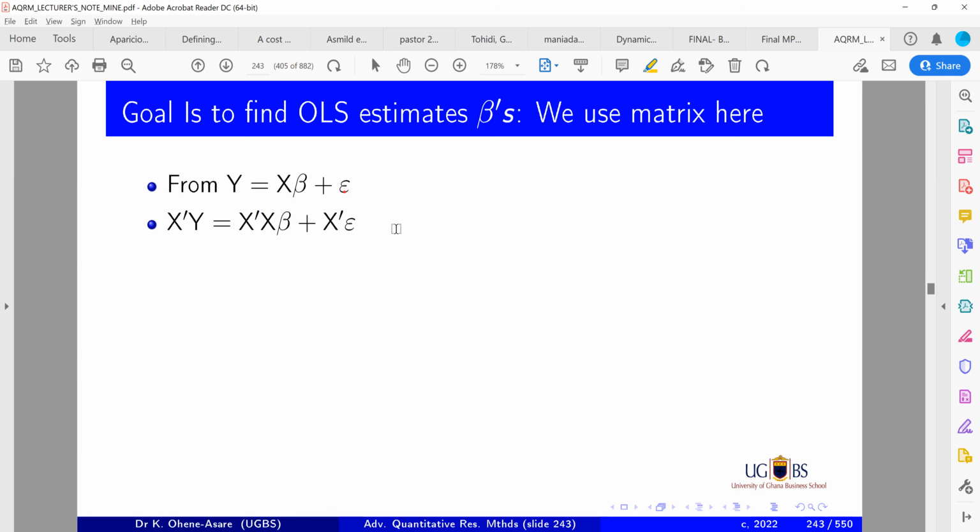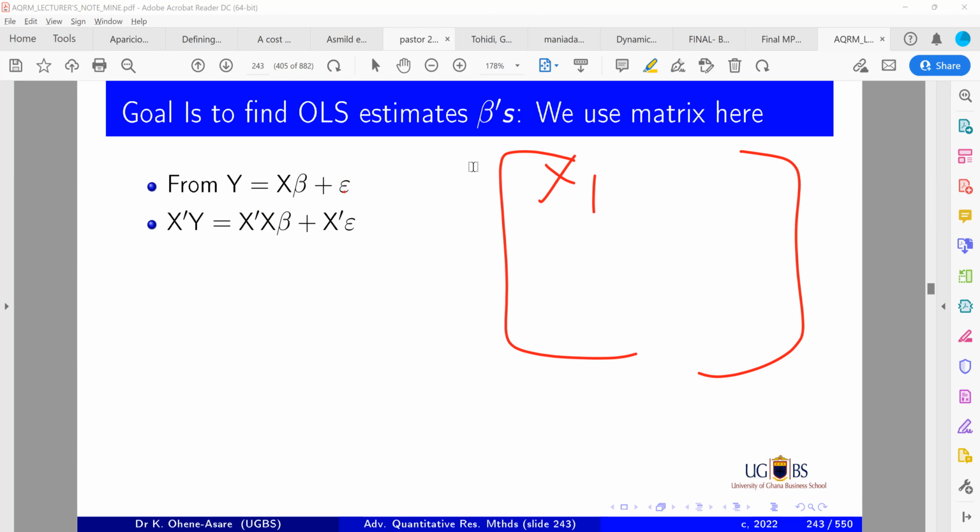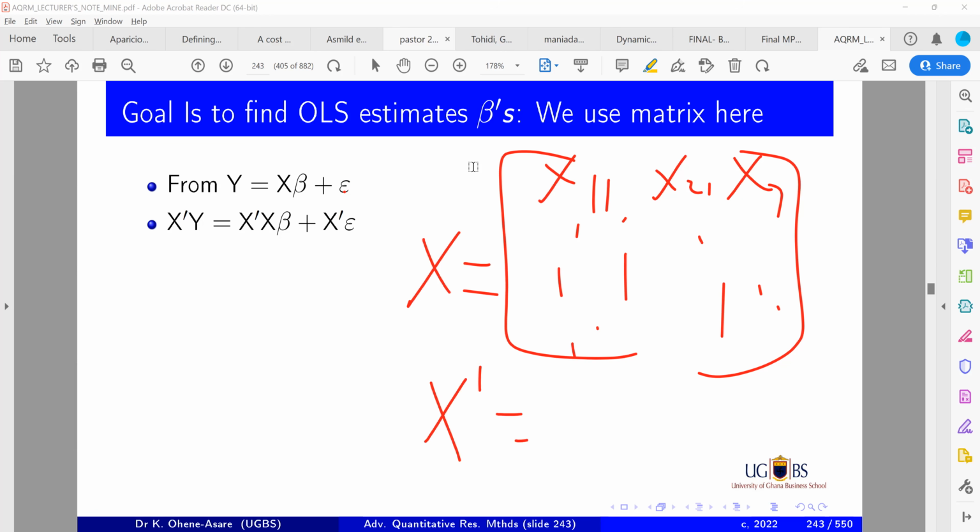What is X? X is a matrix, in case you have forgotten, made up of several things. Let me show you an example. X is a matrix like this, with entries X1,1, X2,1, X3,1, and so on. This X is a whole matrix, and X prime is just turning it.